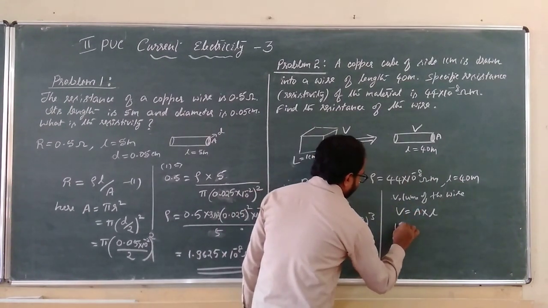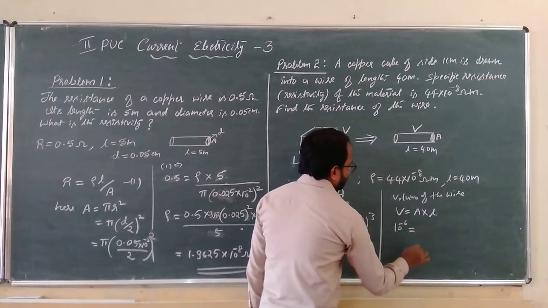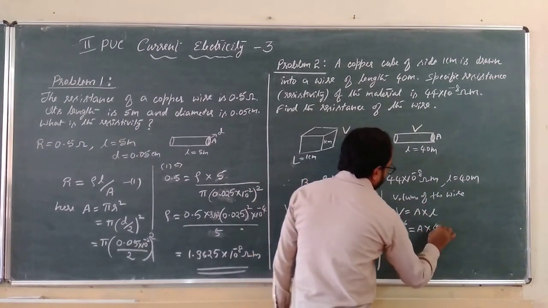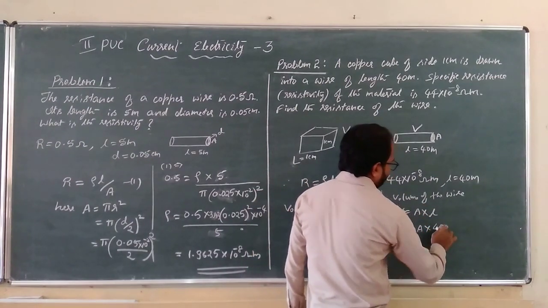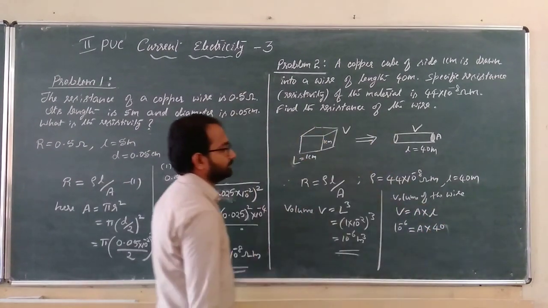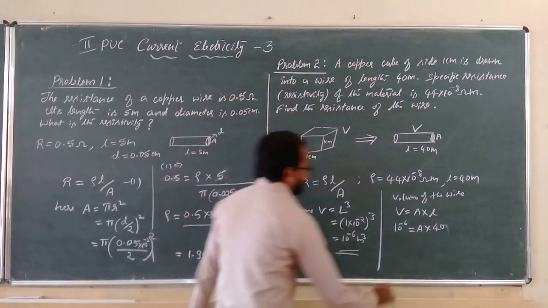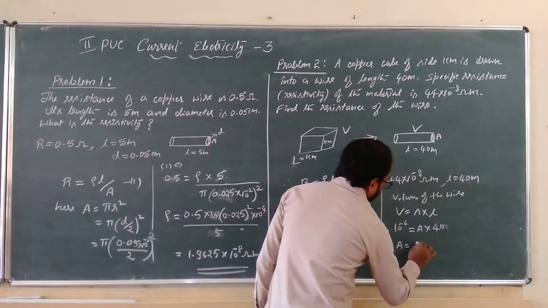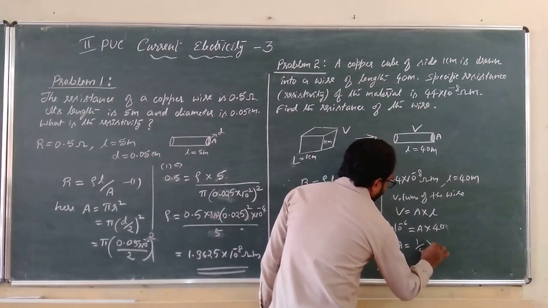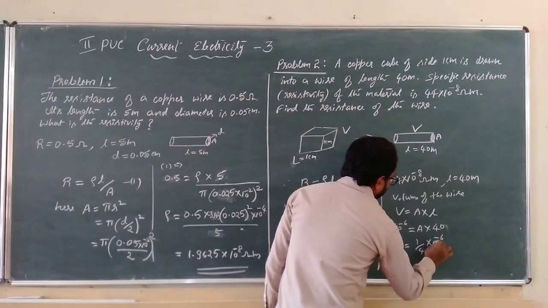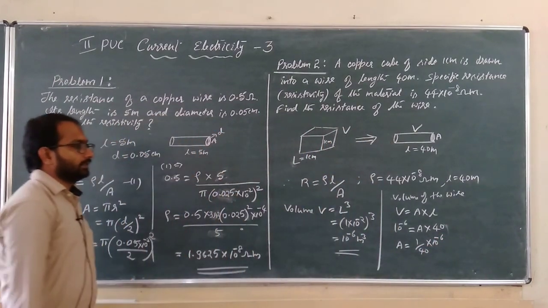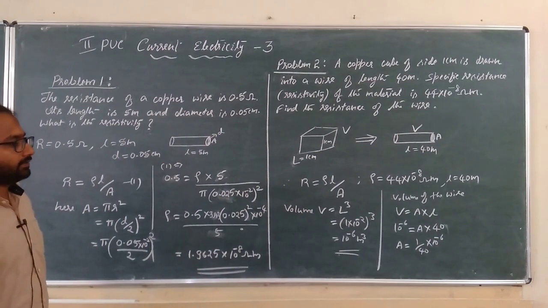V is 10 to the power of minus 6, and l is 40 meter. Therefore A is equal to 1 by 40 into 10 to the power of minus 6.